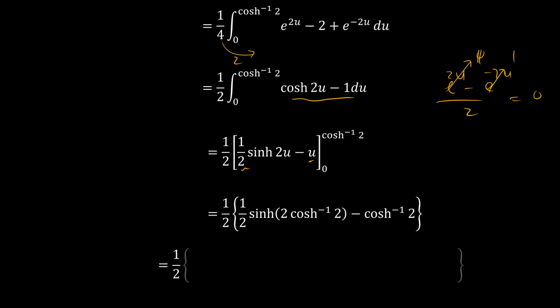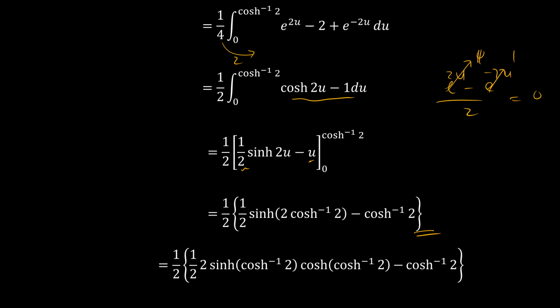Now we can simplify this further. This is obviously an answer, but we can simplify it by saying that hyperbolic sine of 2 arc hyperbolic cosine of 2 is the same as twice the hyperbolic sine of arc hyperbolic cosine of 2 times the hyperbolic cosine of arc hyperbolic cosine of 2, since we know that sinh of 2x is equal to 2 sinh x cosh x.